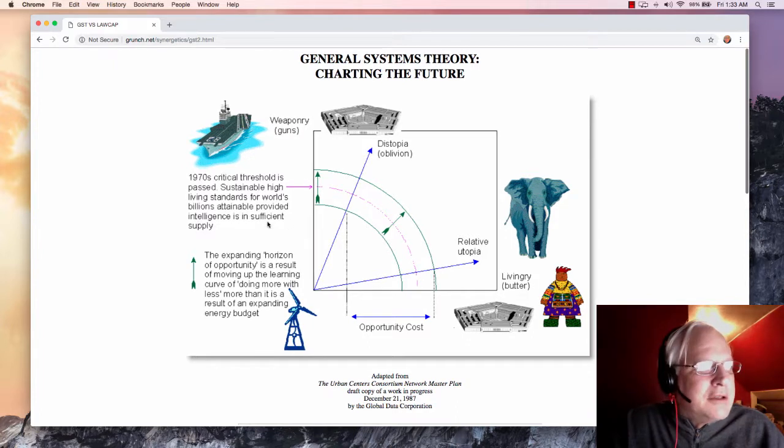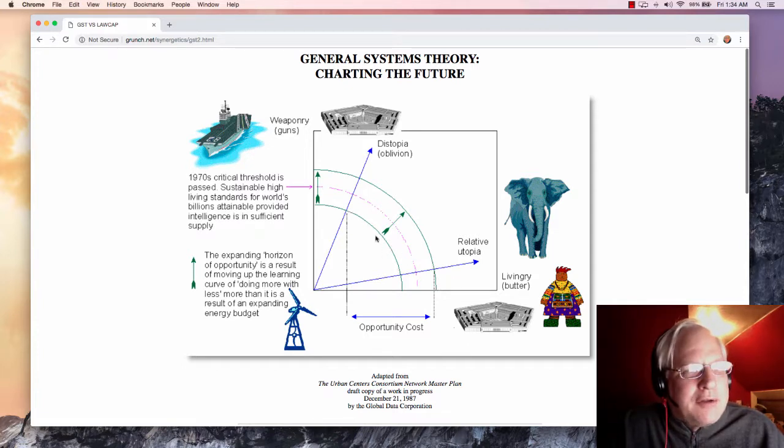So that's what this chart's about. It's saying if you know more science, then what you can accomplish in principle changes. If it gets to the point where you could take care of everybody at a higher living standard than they currently have, then relative to that we're paying a big price in not going in that direction.